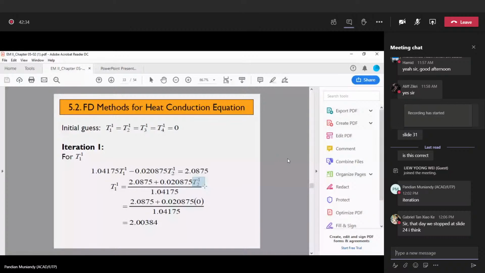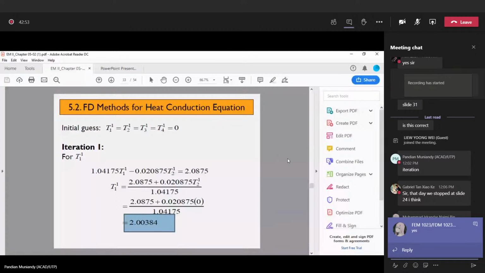You take this value and put it here. This is called the Gauss-Seidel iterative method. So you calculate this, you should be able to get 2.00384. Can you get that, class? Can anyone confirm this? 2.00384. Mohammed Amdan, are you there?